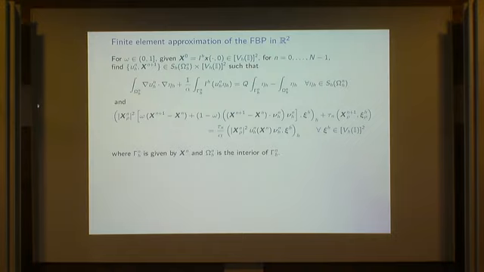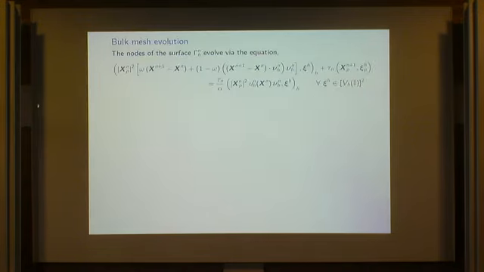I'm not really going to say much about that, except that we've got this moving boundary. Our interface moves with forced curve shortening flow, and this equation here gives us the new position of the free boundary. So given an Xn, which is the previous position of the boundary, we solve this equation and get a solution Xn plus 1, which tells us the new position of the boundary.